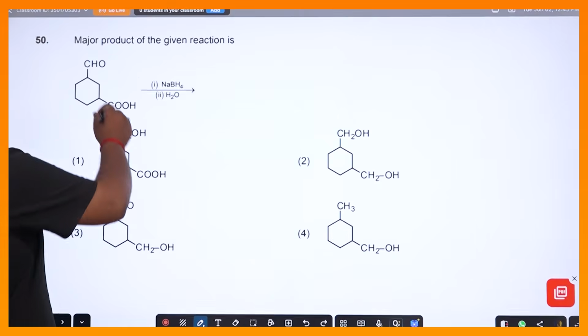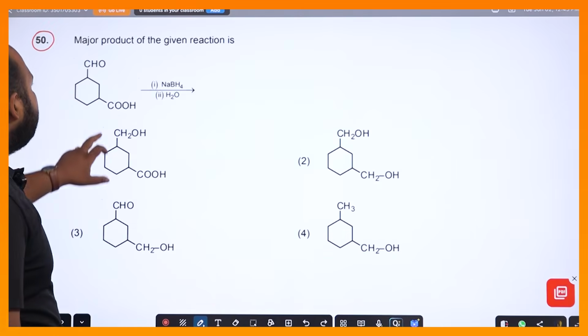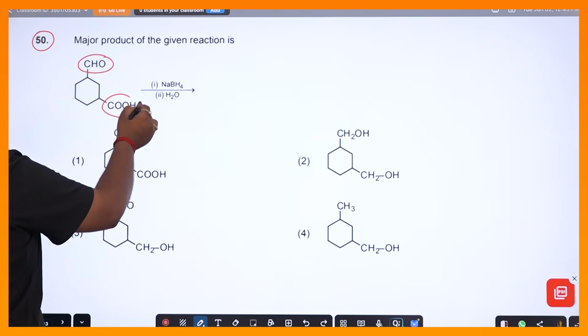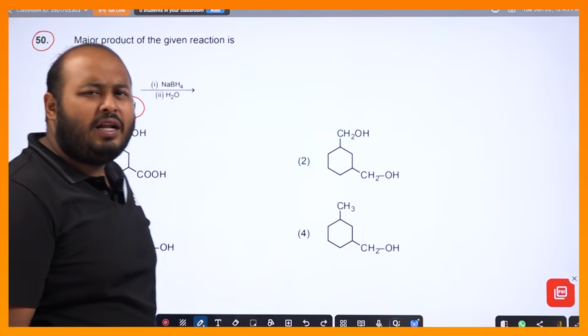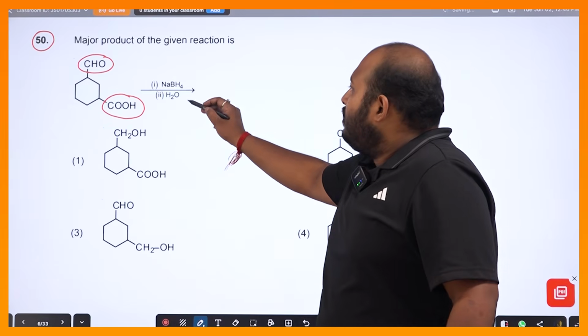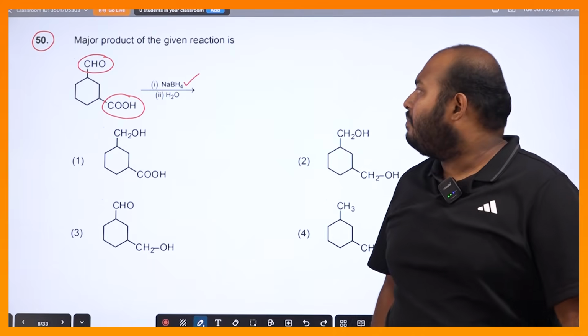So this question is a reagent-based question. It is asking about two functional groups present here. One is an aldehyde and another one is a carboxylic acid. It is given NaBH4, that is sodium borohydride.